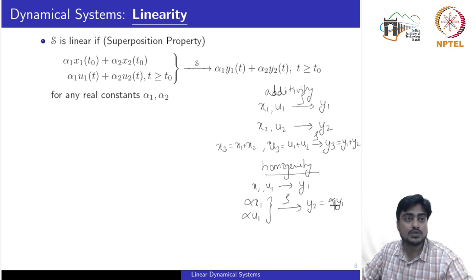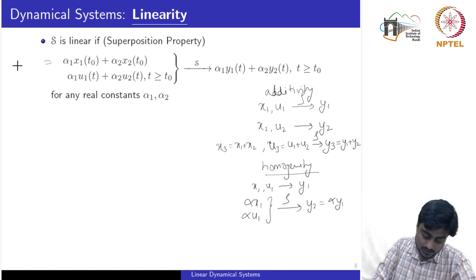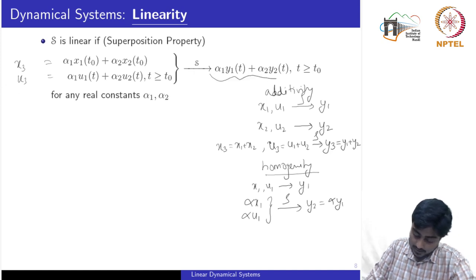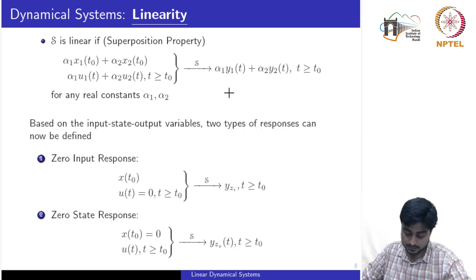Now we combine these two properties, and it gives us this definition. For any real constants alpha 1 and alpha 2, if we take the state vector as x3 and the input signal as u3, then this is the output we would obtain as y3. If the system does not satisfy this property, we say that the system is nonlinear.